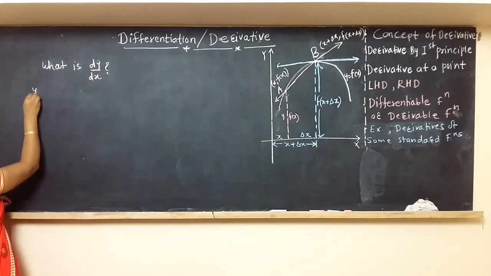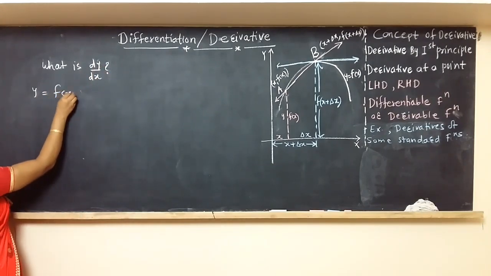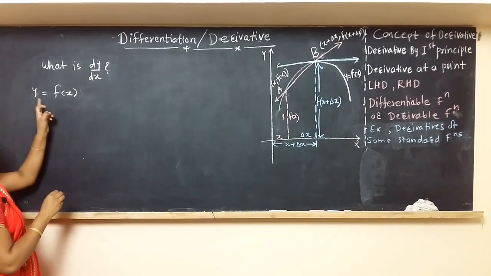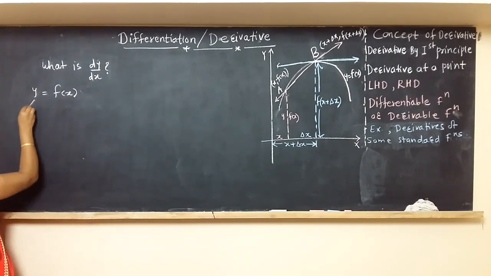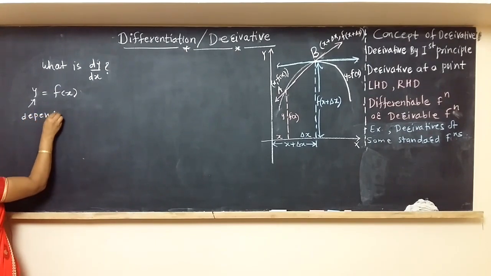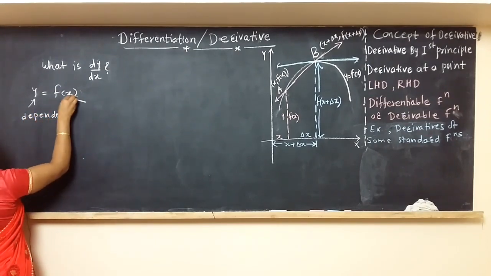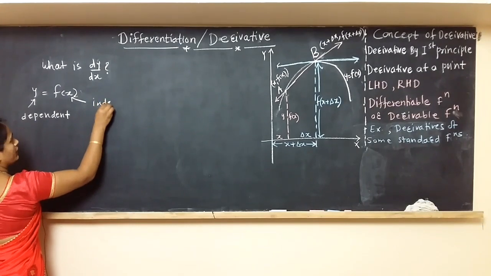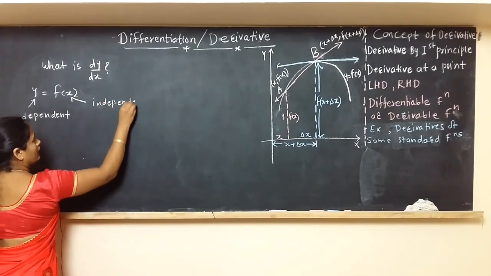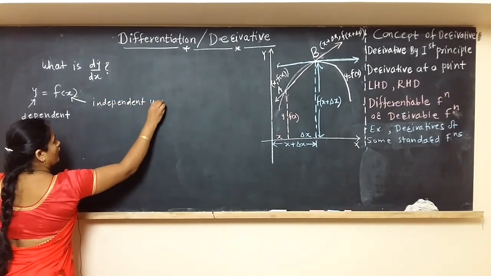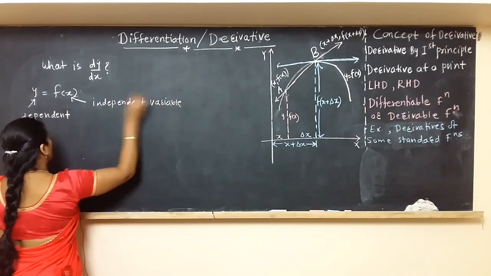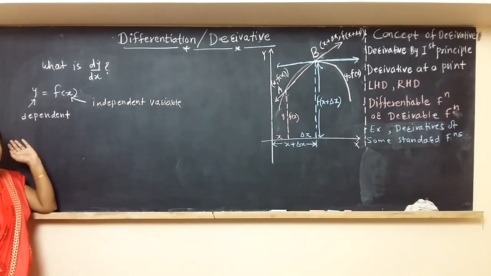we take one function here, y as a function of x, where this y we call a dependent variable and x we call an independent variable. Why are x and y dependent and independent?